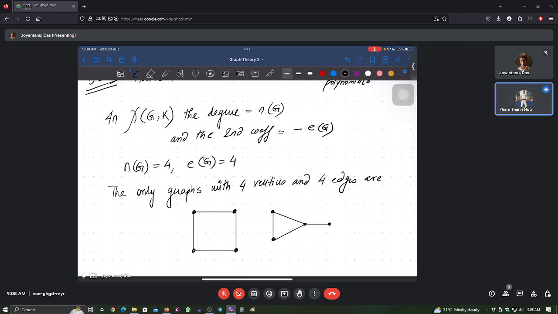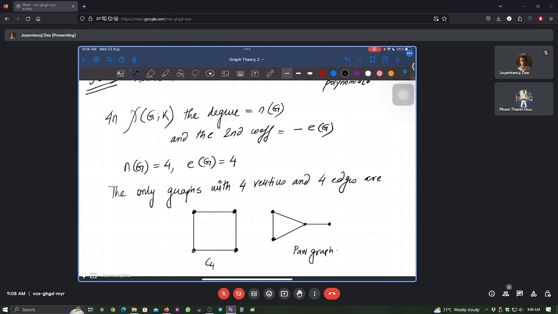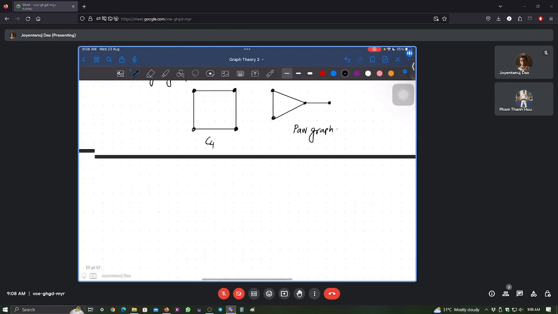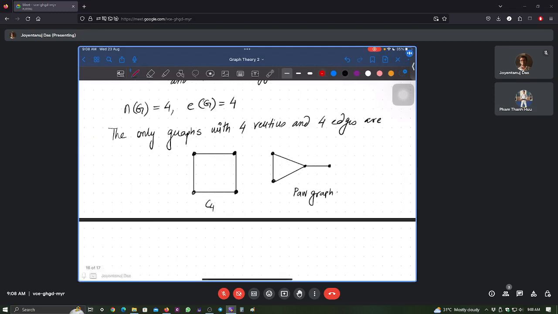So only these two graphs are possible. This is C4, and this is called the PO graph. We have computed the chromatic polynomial for each of them. For this one, the chromatic polynomial is k into k minus 1, into k square minus 3k plus 3.